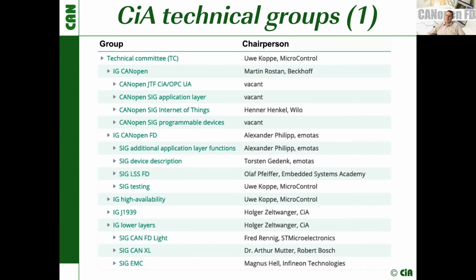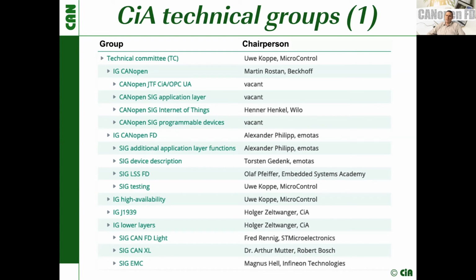And in addition to this technical committee, we have several interest groups caring about the CANopen protocol, the CANopen FD protocol, where we have today our chairperson, Mr. Alexander Philipp, with us. And we have a very new group, also chaired by Mr. Uwe Koppe, the high availability group, a very new group dealing about redundancy concepts.